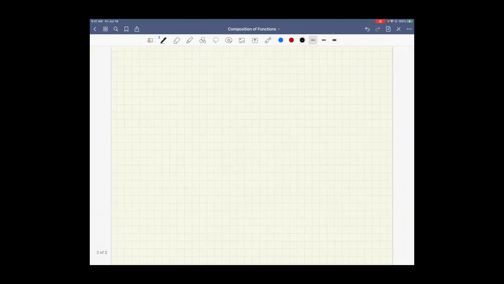So the example is this. Let f be square root of x minus 1. So in particular, that means the domain of f is all those x's that are real numbers for which x minus 1 is greater or equal than 0.